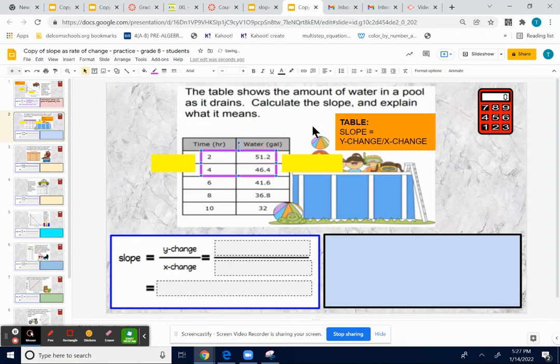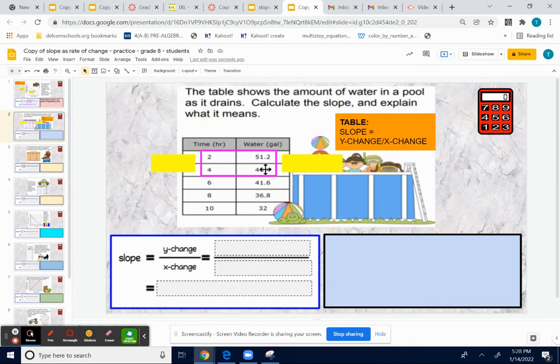If I want to find the slope, I want to know y change over x change. I need to know what this does on the y side to get from 51.2 to 46.4. I just want to know how much this increases or decreases. There's a calculator link if you need to use the calculator.